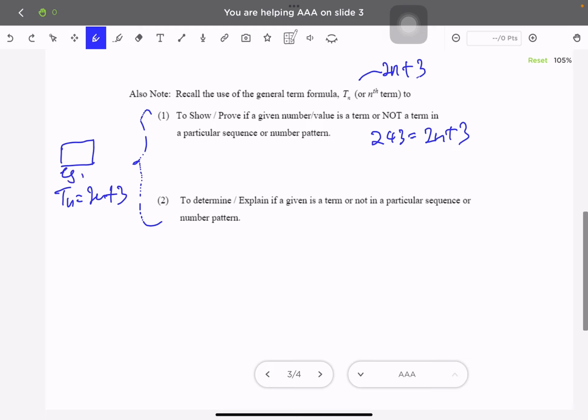This is an example. To show whether this is a particular term in a pattern, or to show that it is in this sequence, you just need to equate, then solve. I hope that you remember this. When you know that n is a whole number, it is in this sequence. If n is not an integer, it is not going to be in this sequence. Okay, that's all.